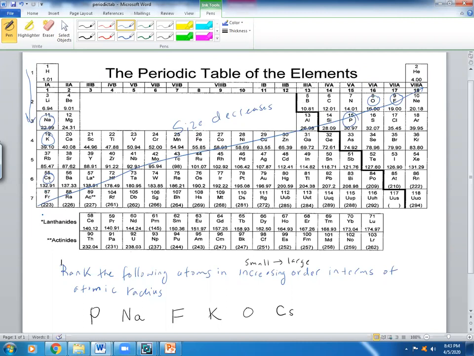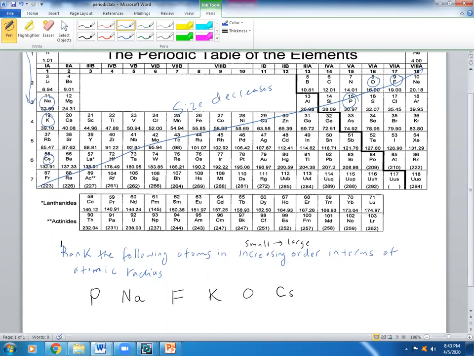Okay. So let's see what would be the smallest. We want to begin with the smallest. What do you think is the smallest atom if the size decreases as you move to the right? Well, the farthest to the right is F. So that would be your smallest. This would be the largest right here.